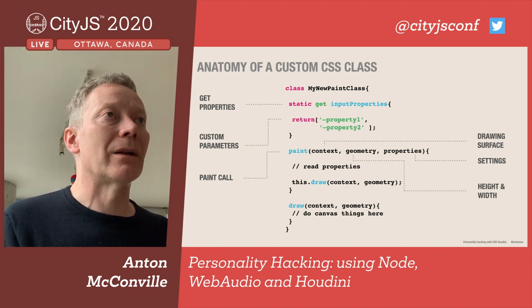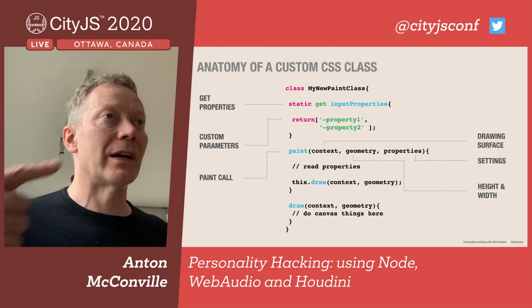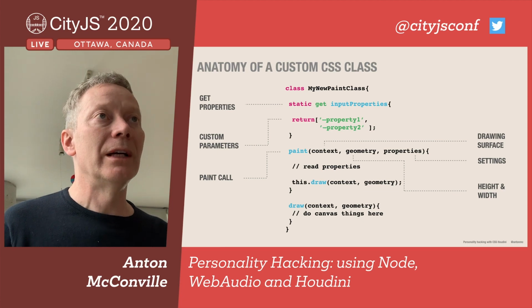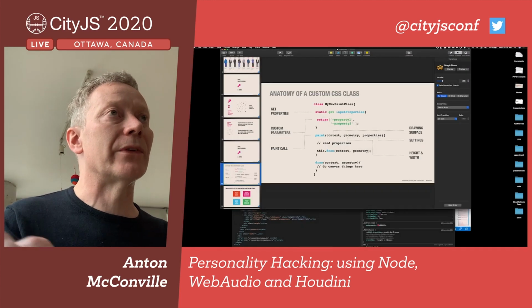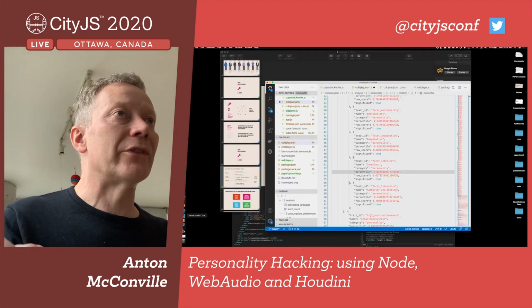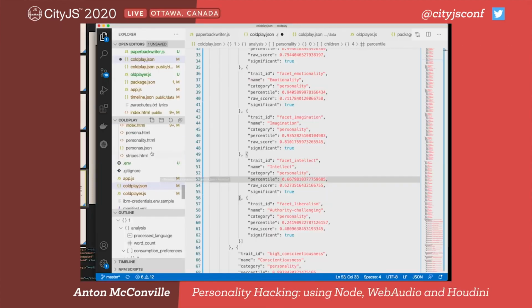So they all have this paint call where it passes in the context, the HTML5 context, that's your canvas that you're drawing on, the geometry size of that, the height and width. And then you can just use HTML5 canvas calls as you would, where you're drawing just on a regular HTML5 canvas surface.